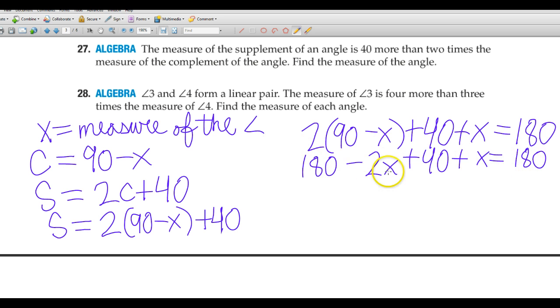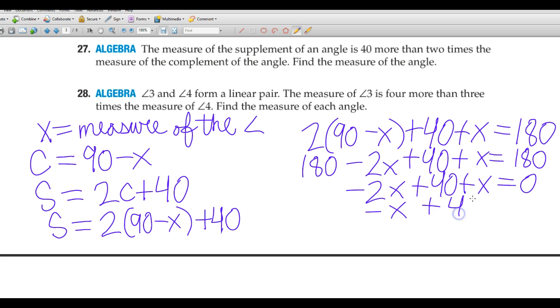I would subtract 180 from both sides, so I get this equation. Combine like terms. And add x to both sides, and x is equal to 40, where x stands for the measure of the angle. So the angle is 40 degrees.